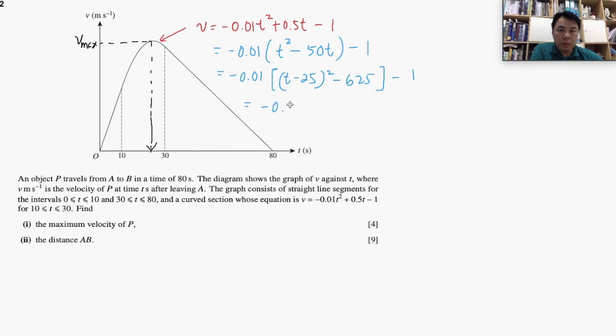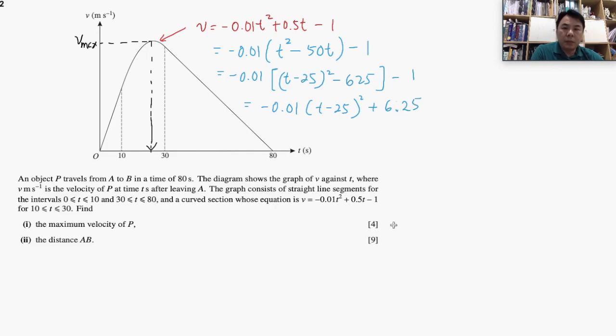So if I re-expand it, I would have obtained this, and then that would be 1, 2 here, so that would be a plus 62.5 there. Did I get that right? Oh, sorry, I think I got it wrong. So just let me correct that. It's supposed to be 6.25.